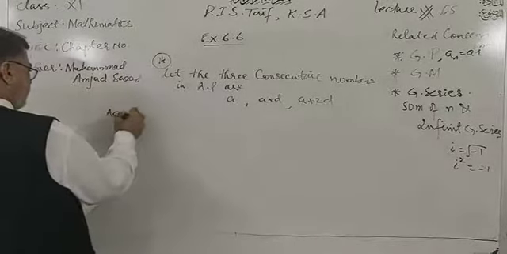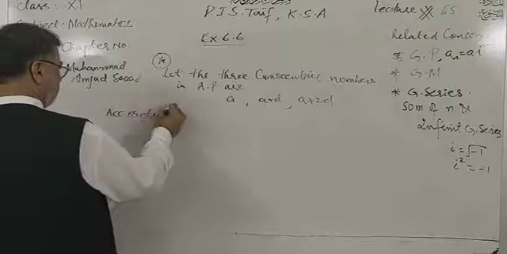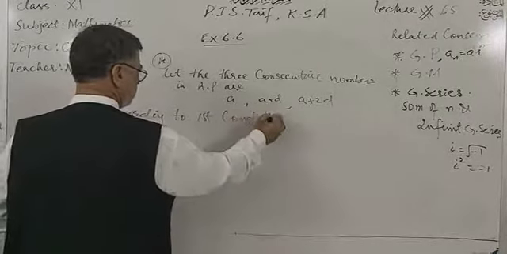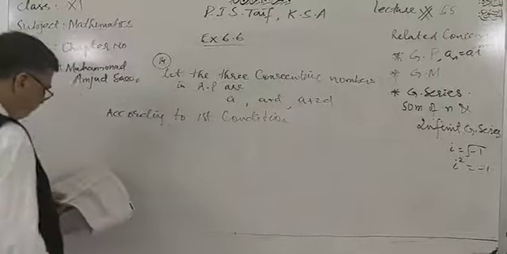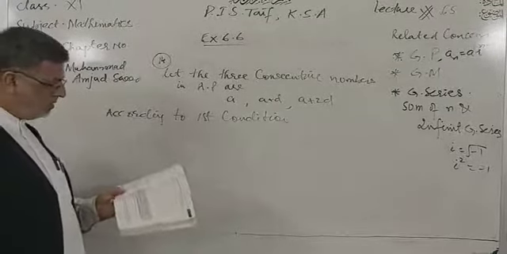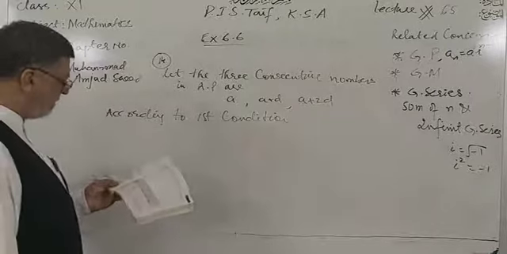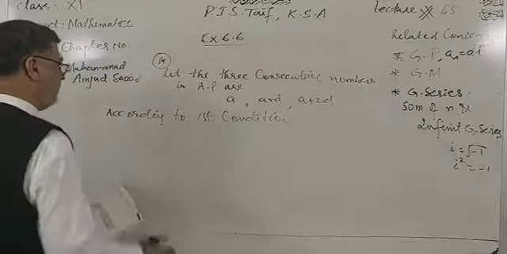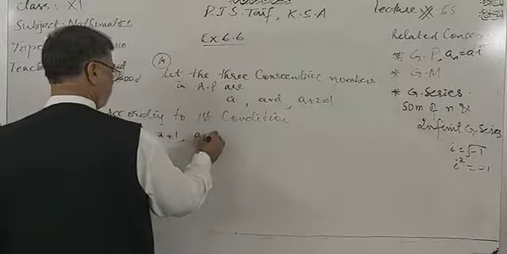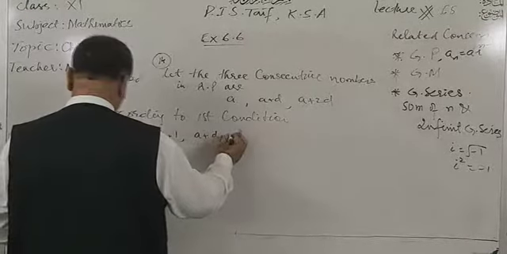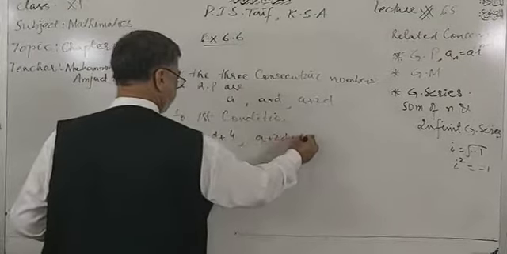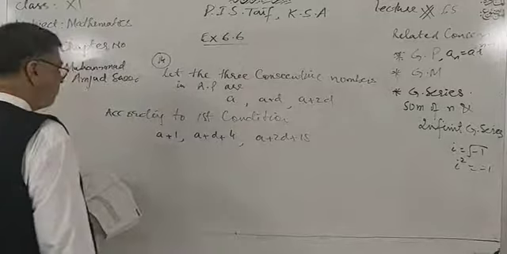According to the first condition, if they are increased by 1, 4 and 15, we get A plus 1, A plus D plus 4 and A plus 2D plus 15.